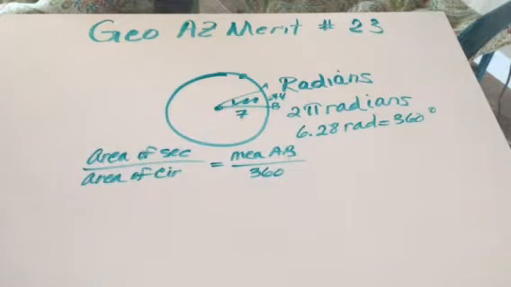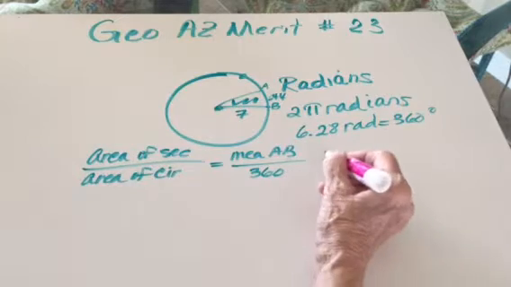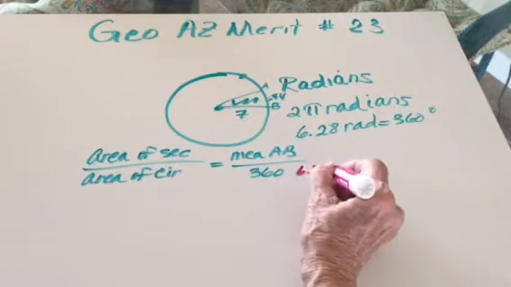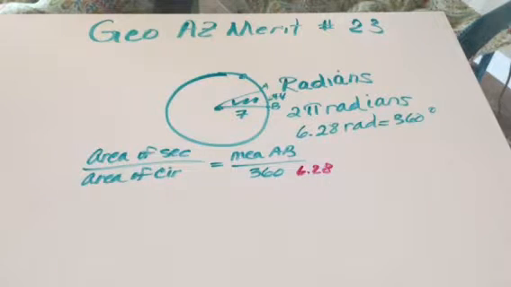Now look what we're going to do. We're going to substitute 360 with 2 pi radians, which is 6.28.